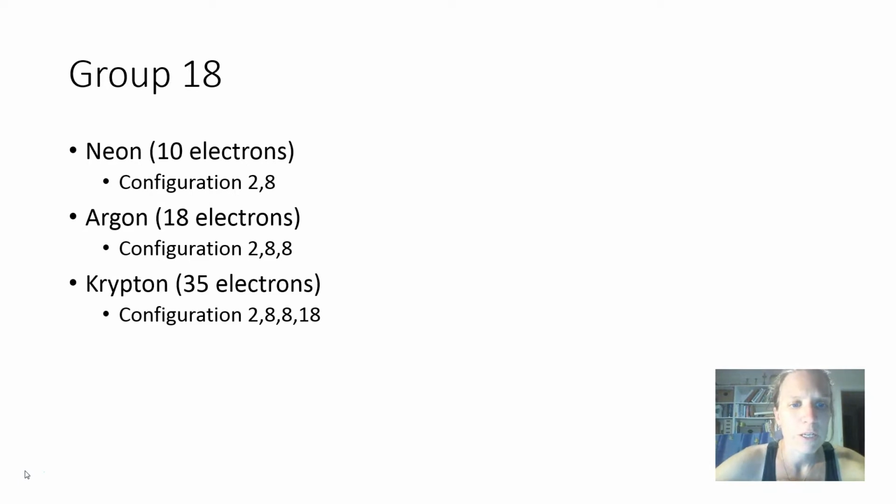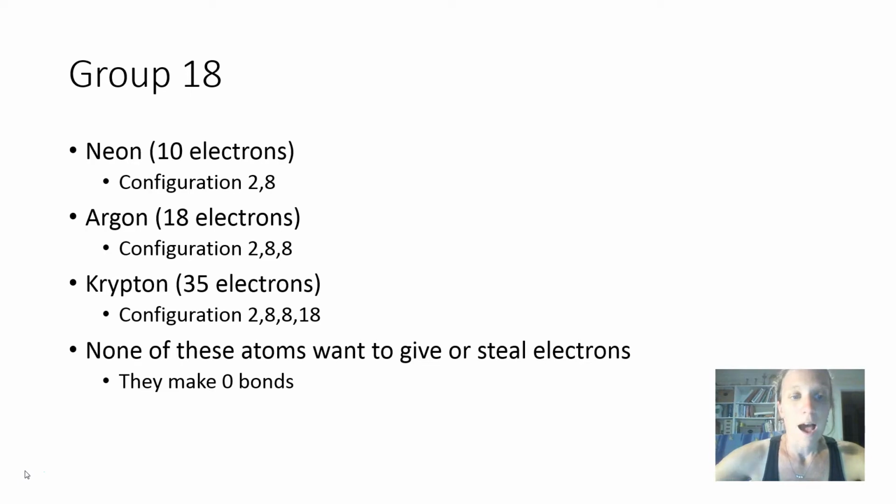Krypton would have 36 electrons, a configuration of 2,8,18,8. None of these atoms want to give any electrons or to steal any. That means that they make 0 bonds.